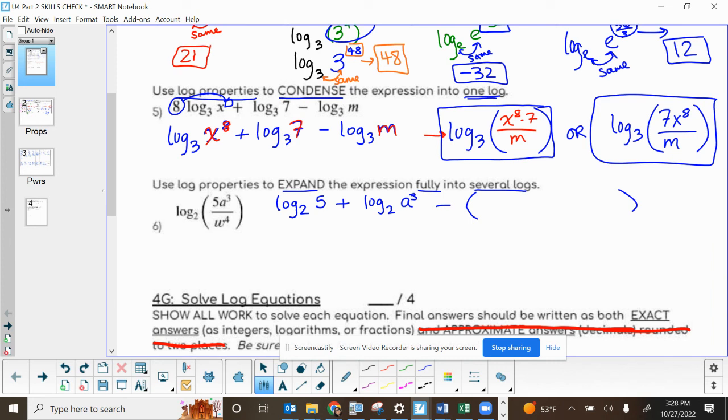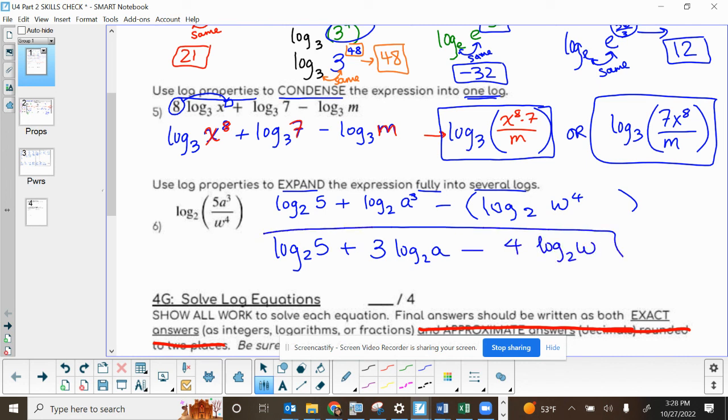If there were multiple things down here, I would have to subtract all of it, log base 2 of w to the 4th. And so then I can say log base 2 of 5 plus 3 log base 2 of A minus 4 log base 2 of W. And that is my final answer. So that's for F.